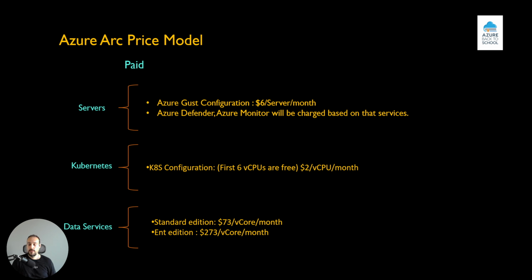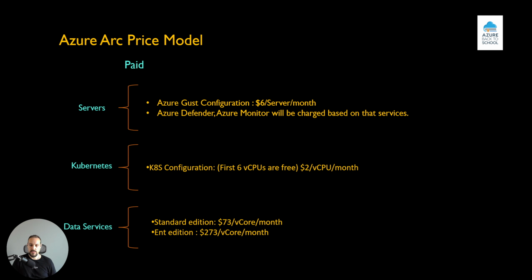And if Kubernetes is your thing, you are in luck, because the first 6 virtual CPUs won't cost you a dime. But if your needs go beyond that, it's $2 per additional virtual CPU, which is not that much.